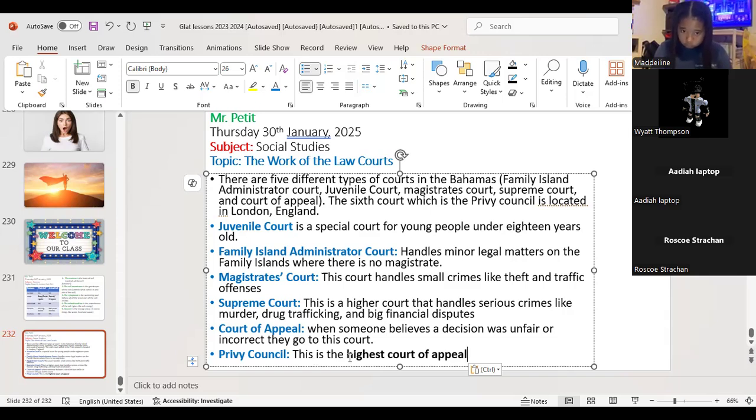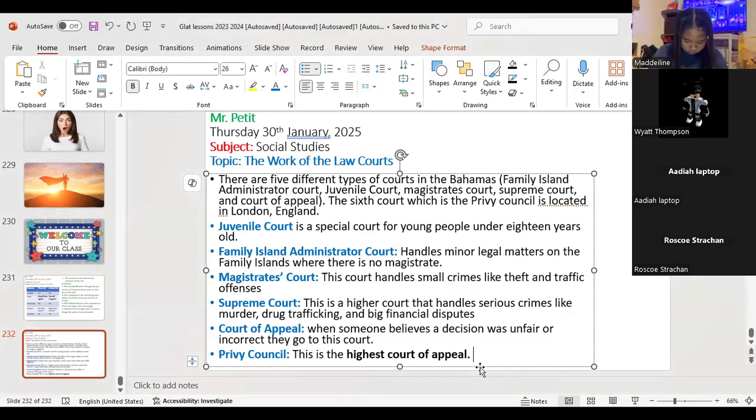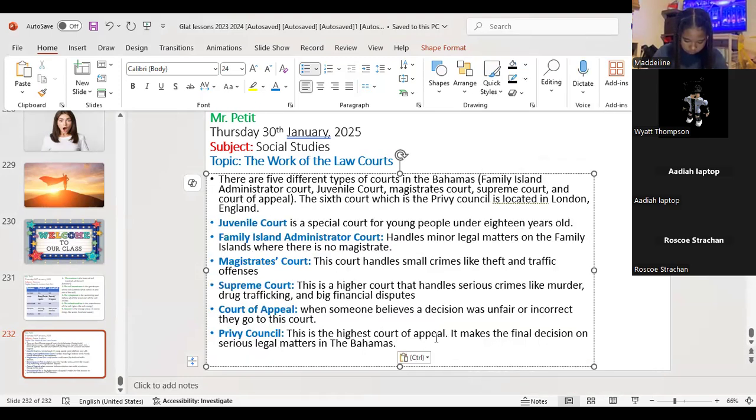So the highest court of appeal is the Privy Council. It makes the final decision on serious legal matters in the Bahamas.